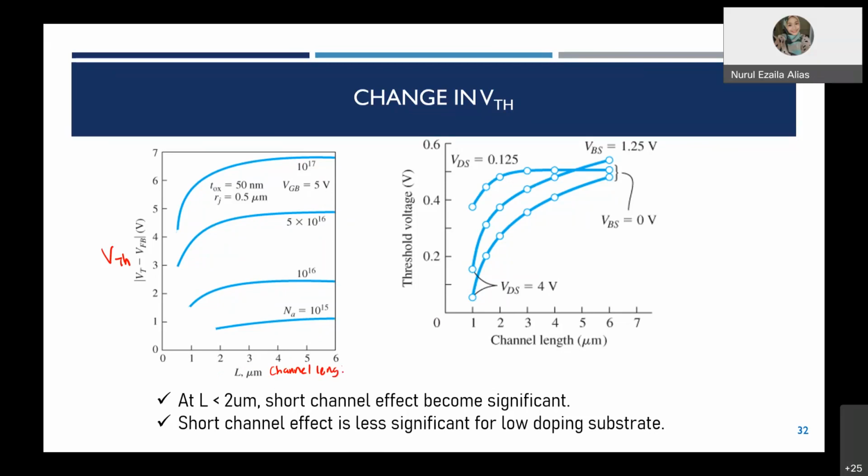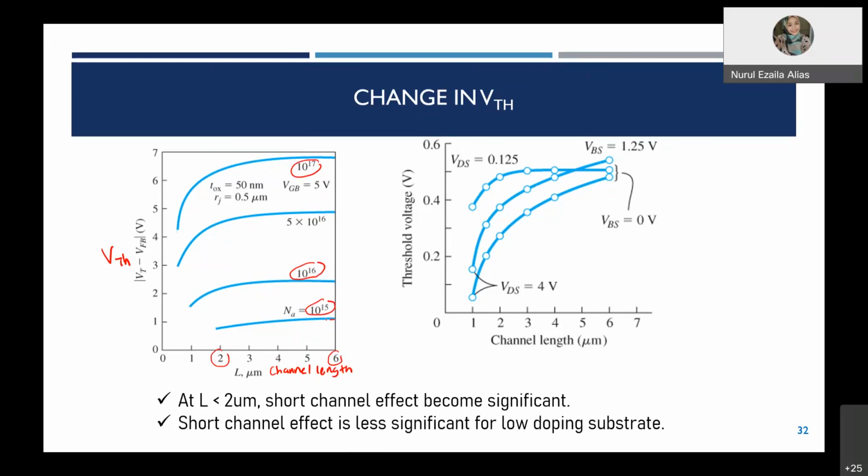For different concentrations, 10 to the power of 15, 10 to the power of 16, and 10 to the power of 17, the threshold voltage is shown for the gate length from 6 micrometer to 2 micrometer.